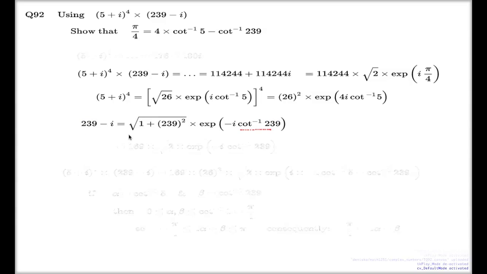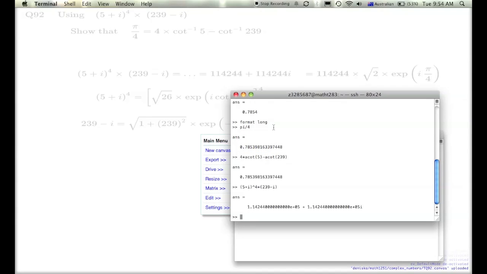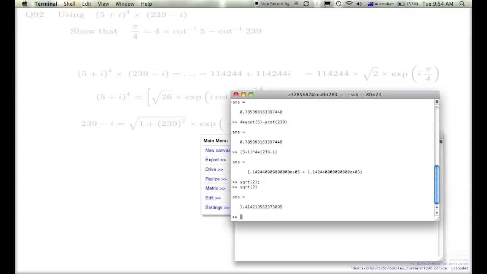Well, this modulus, again, we can use Matlab for computing that. Let's just see what Matlab gives you. I think that's SQRT, a square root. Yeah, it's a square root. So if I go square root of 1 plus 239 squared, well, it's not really a friendly expression.